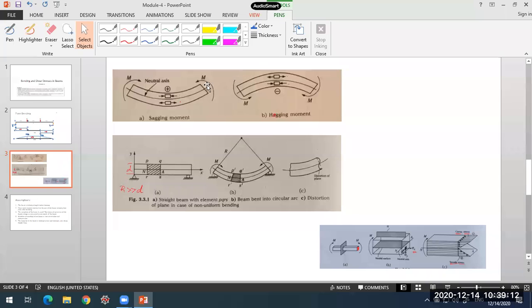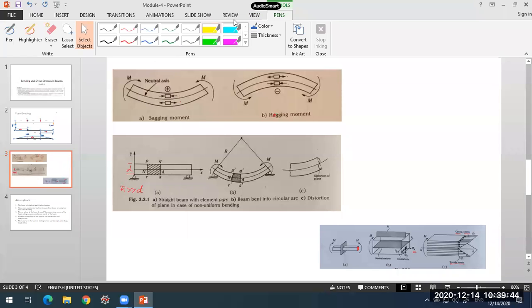Okay, so this is the bending nature. I hope this sagging and hogging moment bending are clear to you. Sagging, hogging, they are clear in your mind. Only when you understand what is sagging and what is hogging, you'll be able to see what nature of stresses will be there, at what location in the beam, what nature of stresses will be coming over there.